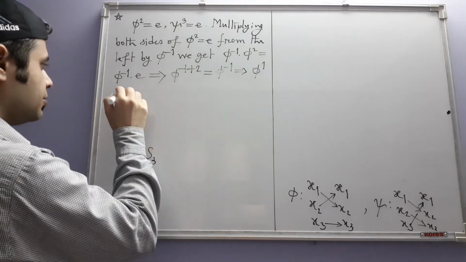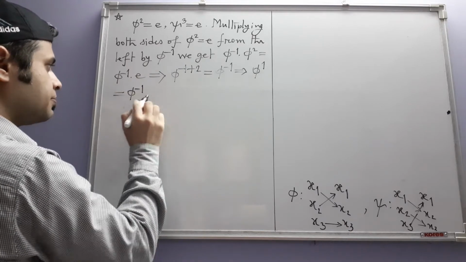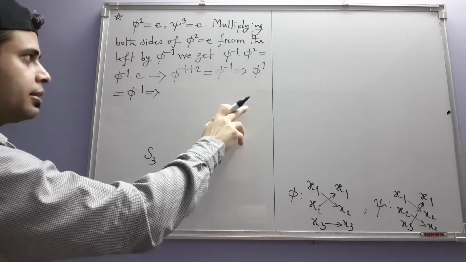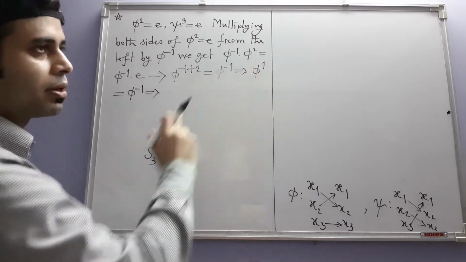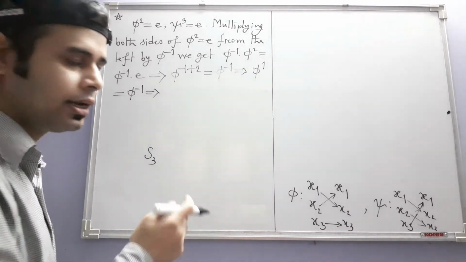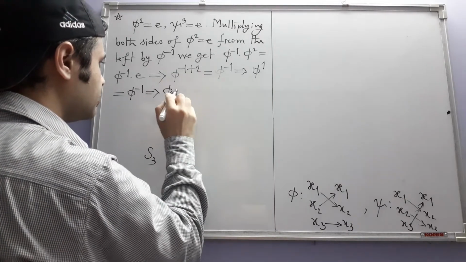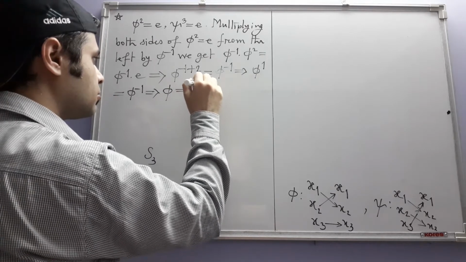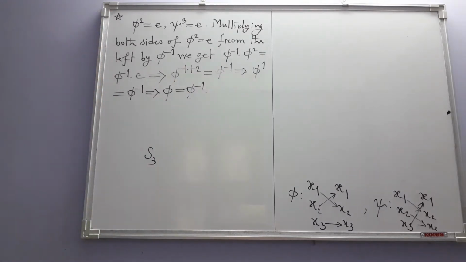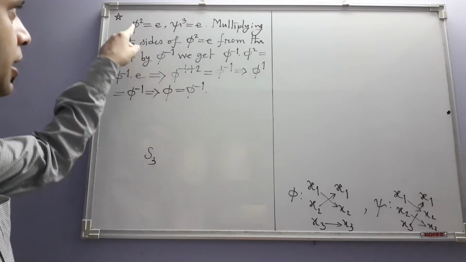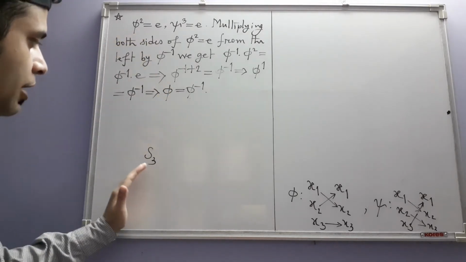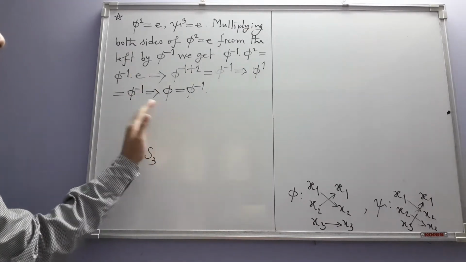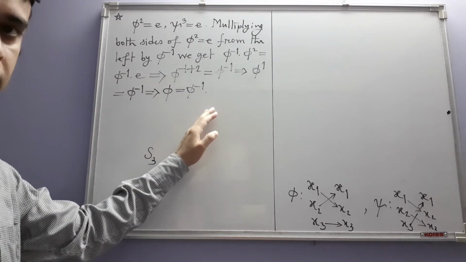On the right hand side, we have phi inverse, and this implies, since we have already seen that in a group, any element to the power 1 ultimately turns out to be that element itself. So we have phi equal to phi inverse. So this relation we have derived starting from this relation and using the fact that S3 is a group. The group axioms can be used in this way to calculate with group elements.